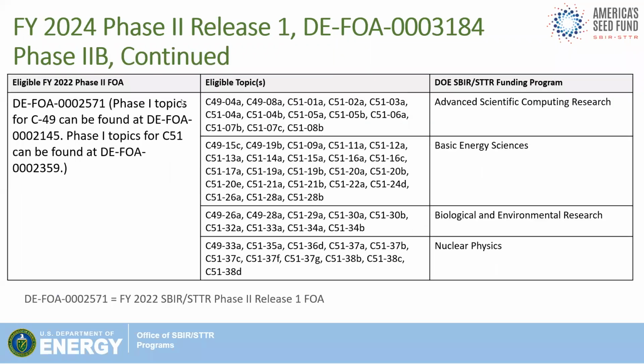And this is the listing for fiscal year 2022 eligible topics for a phase 2B application. Remember, you can be just finishing your phase 2 award, or you can have had 1 year. You can have received a fiscal year 2021 phase 2 award and have a year gap under your belt at this point.